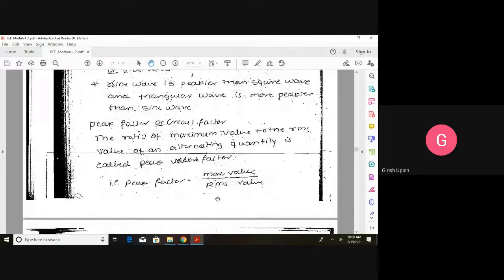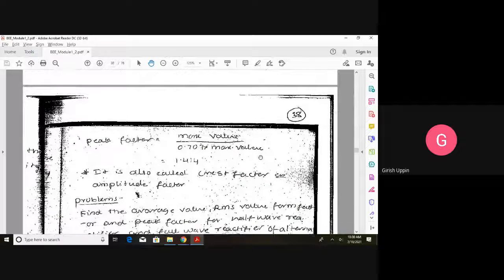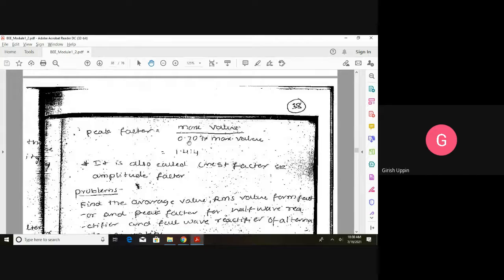Similarly, the peak factor or the crest factor is the ratio of the maximum value divided by the RMS value. So the maximum value, let us say if it is a voltage, is Vm, and the RMS value in terms of Vm is 0.707 Vm. If you substitute those values here, the max value will get cancelled. 1 divided by 0.707 comes as 1.414.